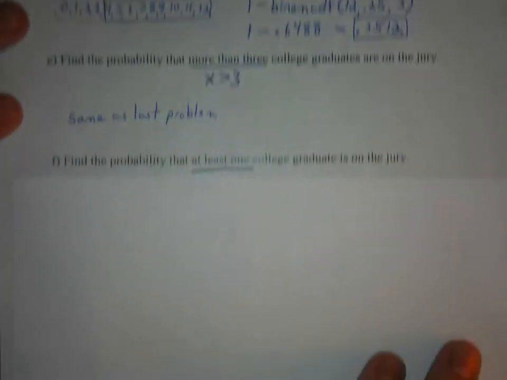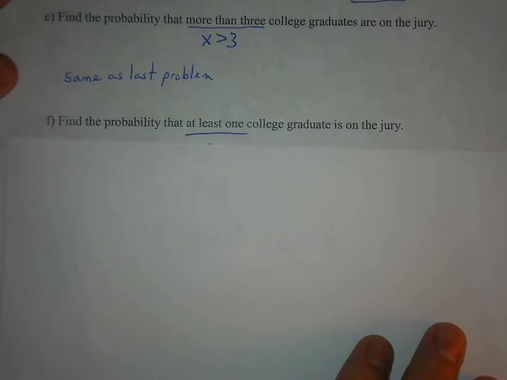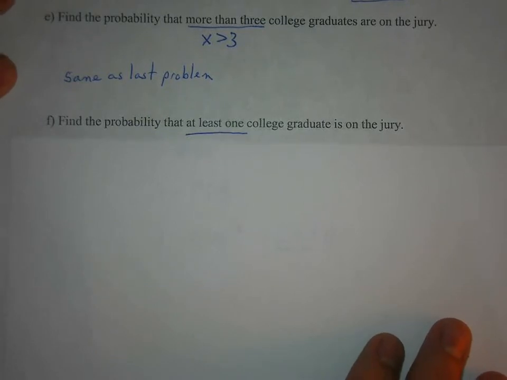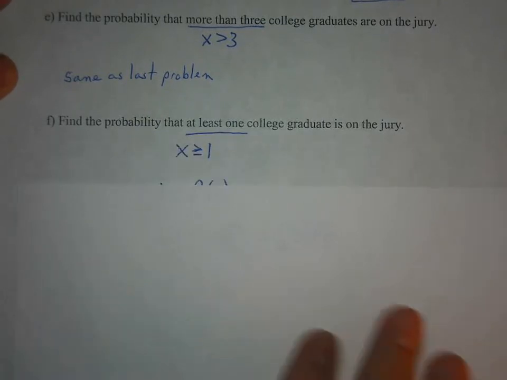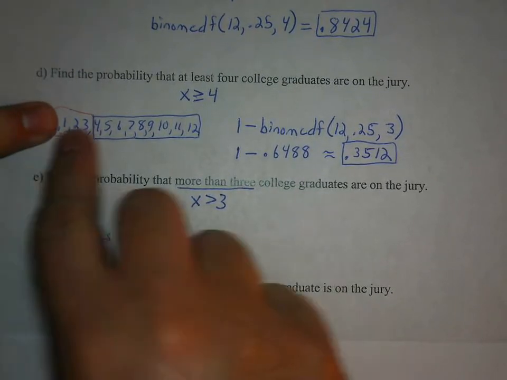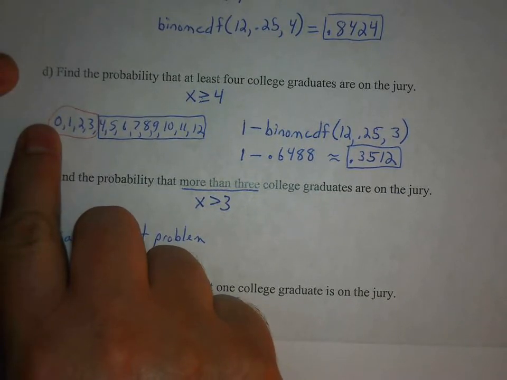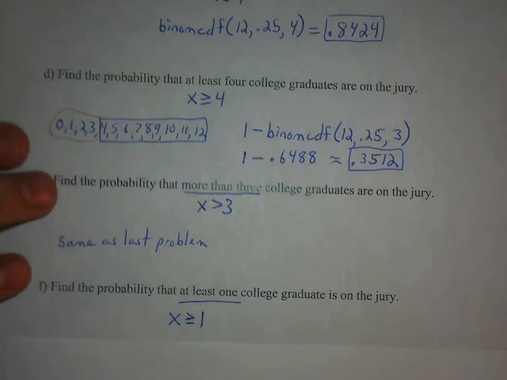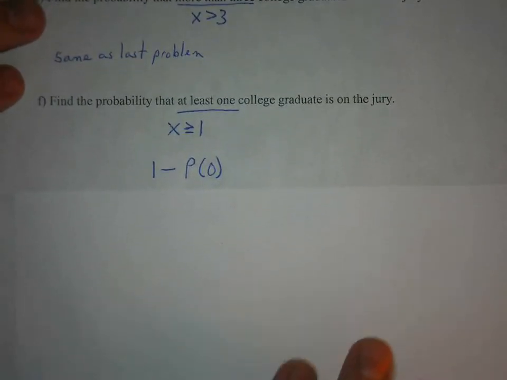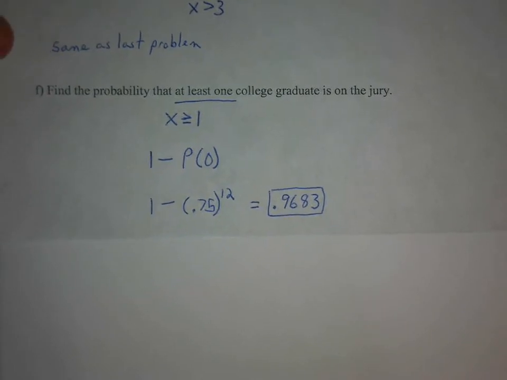Okay, the last one. Find the probability that at least 1 college graduate is on the jury. Well, at least 1, if you listed them out again, is 1 through 12. Notice that 0 is the only thing missing from that. So if you found the probability of 0 and subtracted that from 1, you would find the total probability.